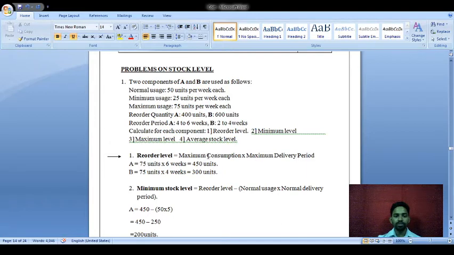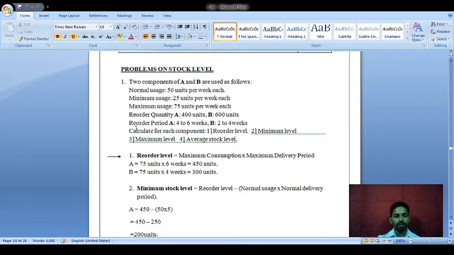The maximum consumption is given in the problem. Maximum usage means maximum consumption, which is 75 units. There are two components, A and B, so first of all we have to prepare them separately. For component A, maximum consumption is 75 units into the maximum delivery period.